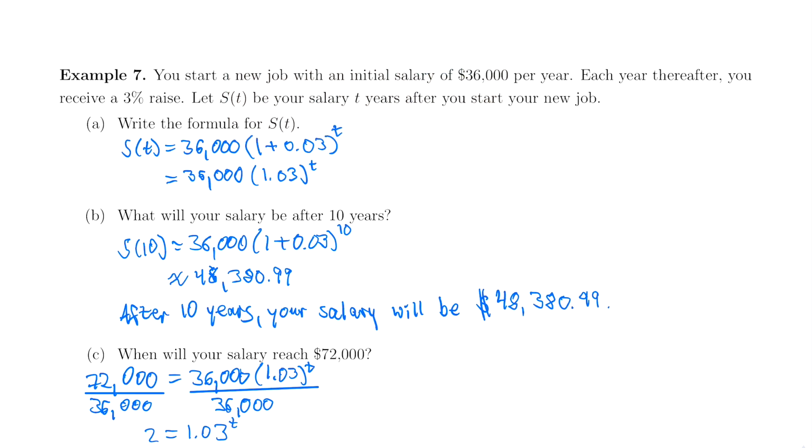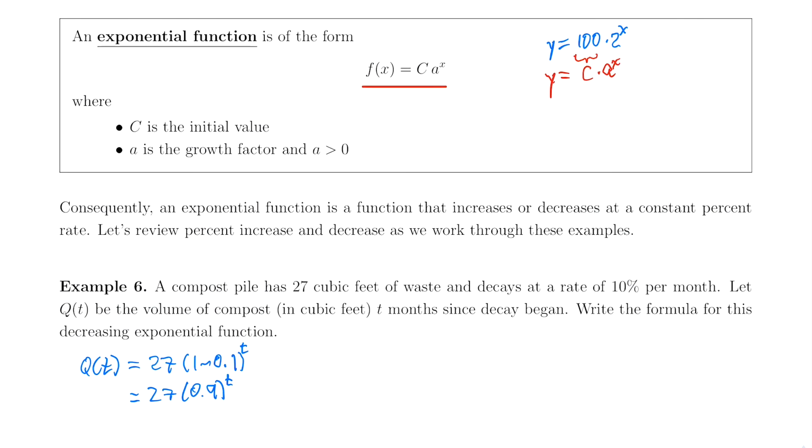From our two examples we can summarize that the exponential function that we wrote originally as f of x equals c times a to the x, we can also write differently by taking into account the percent increase or decrease, and write it as f of x equals our initial value, which doesn't change, but instead of a I'm going to write 1 plus or minus r to the t's power.